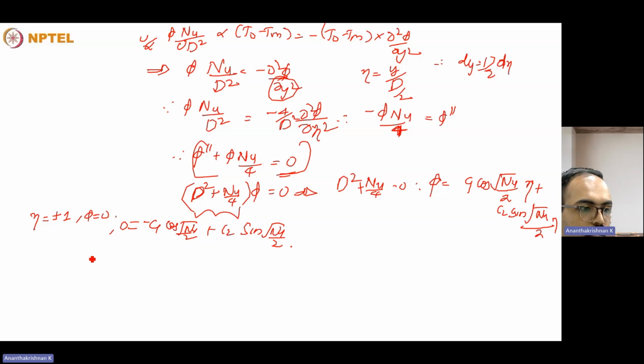And similarly, we can differentiate this equation.